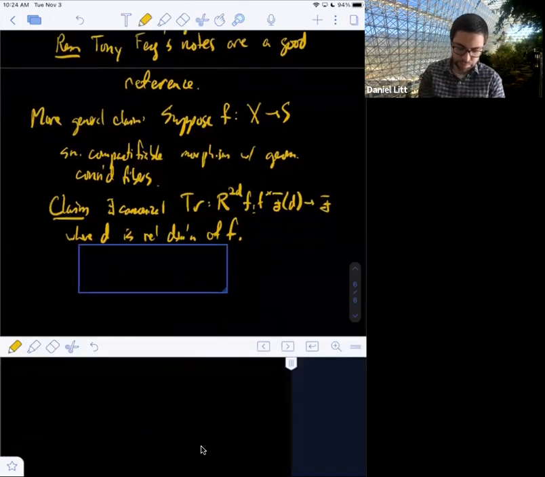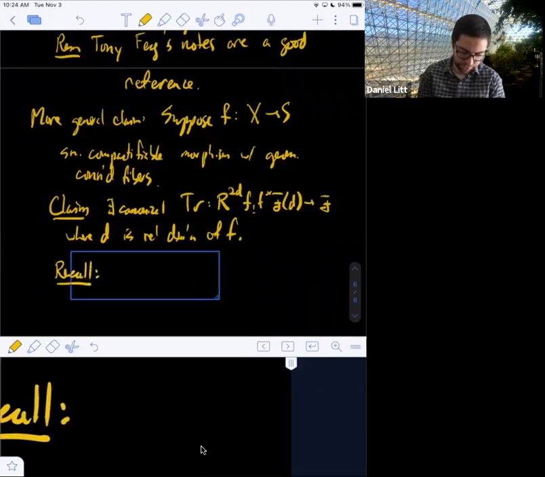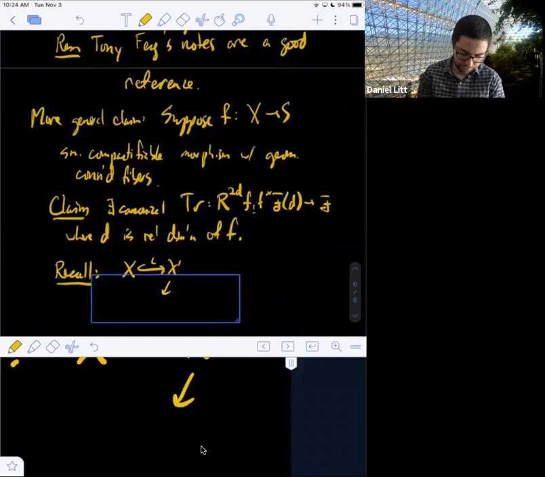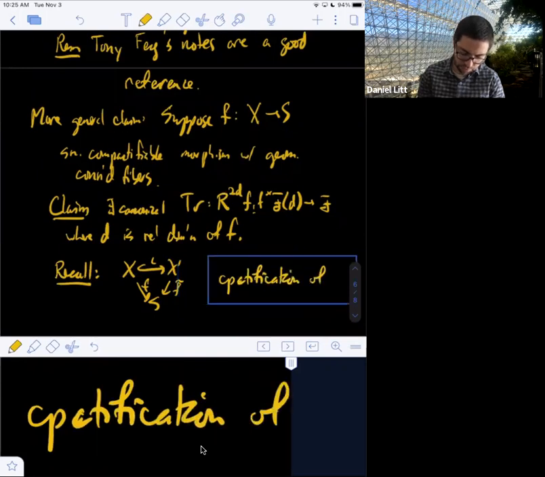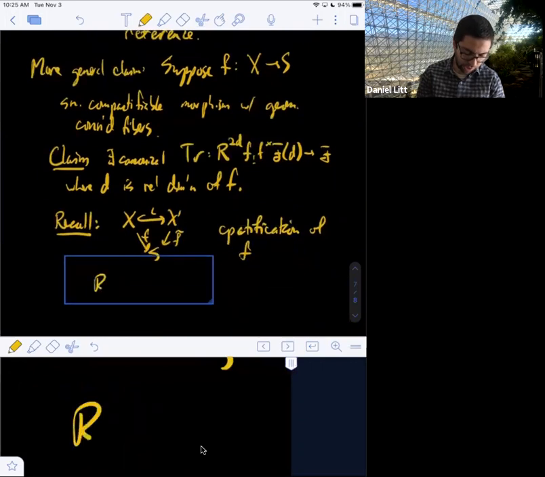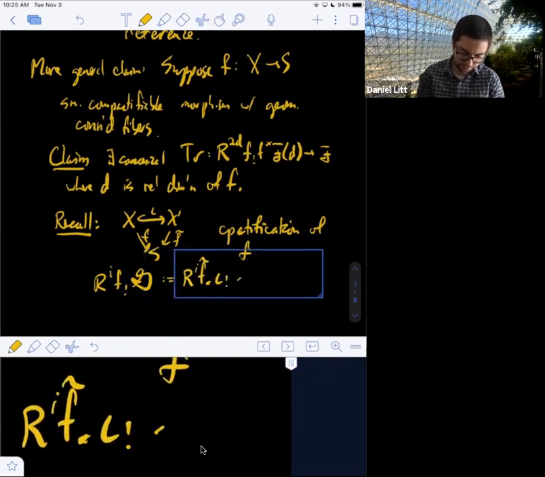Let me just recall briefly what R^if_! is. If ι from X to X prime, and then we have some f twiddle, so that this is a compactification of f, then we just define R^if_! of a sheaf G to be R^i f twiddle lower star of ι_!(G). Okay, so that's what this term means.